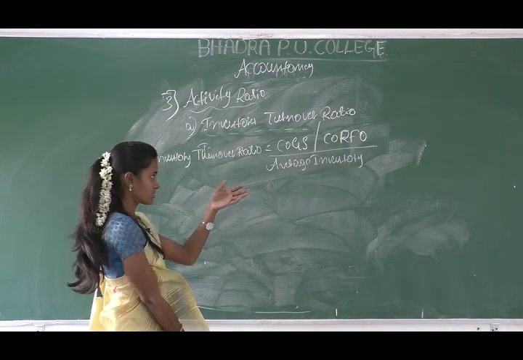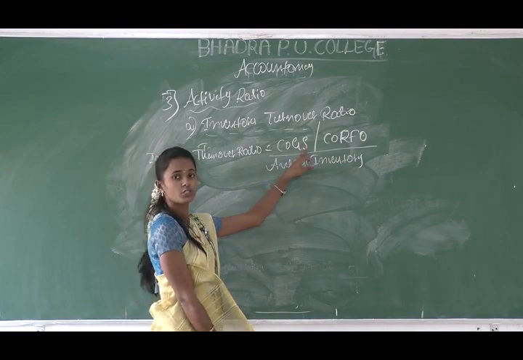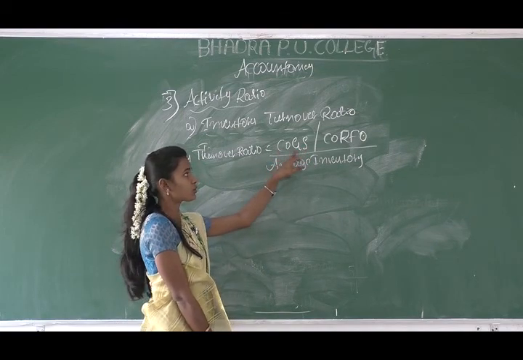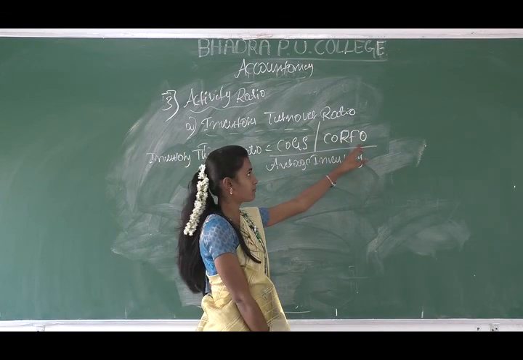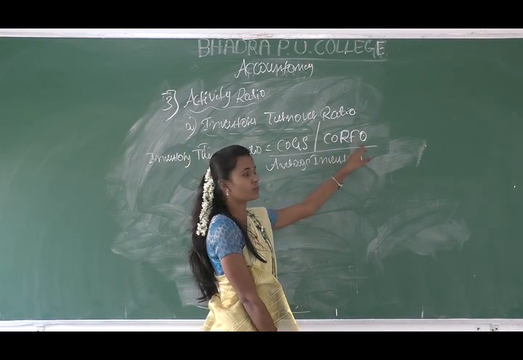I don't have much space here, so COGS is nothing but cost of goods sold, and CORFO is nothing but cost of revenue from operation.